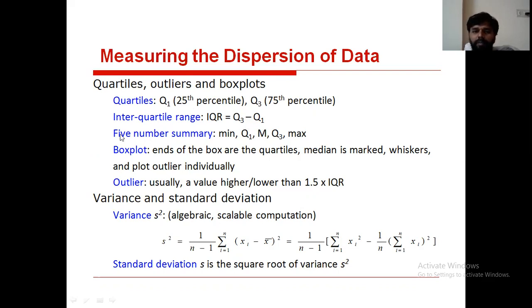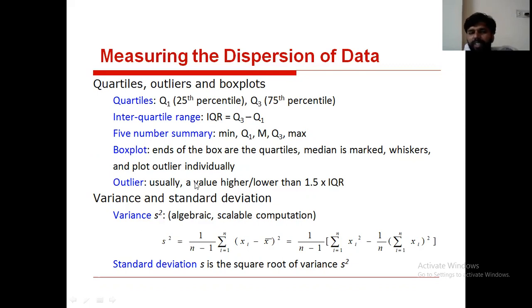And here we use what? The 5-number summary. In box plots we use the 5-number summary. That is the minimum value, quartile 1, median value, quartile 3, and maximum value. Right? Here, what is a box plot? Box plots show the ends of the box with quartiles, median, and outliers.